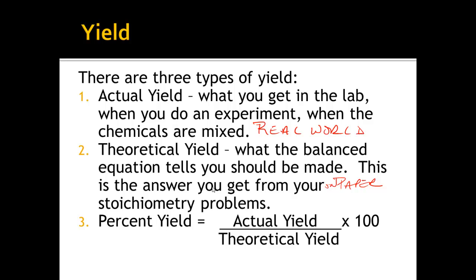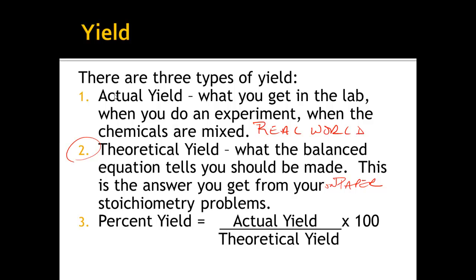So the pages of stoichiometry problems that you've been doing, okay, every single one of those up until now has been theoretical yield. Now, in order to get actual yield, you've got to do two things. You either have to do the experiment or be told the information.